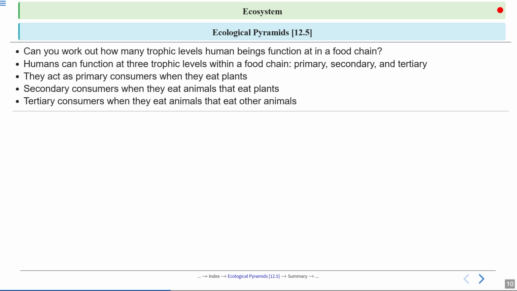Next, humans can also act as tertiary consumers when they eat animals that eat other animals. So whenever humans consume a large fish or any top carnivore, then they can act as tertiary consumers, occupying the fourth trophic level.